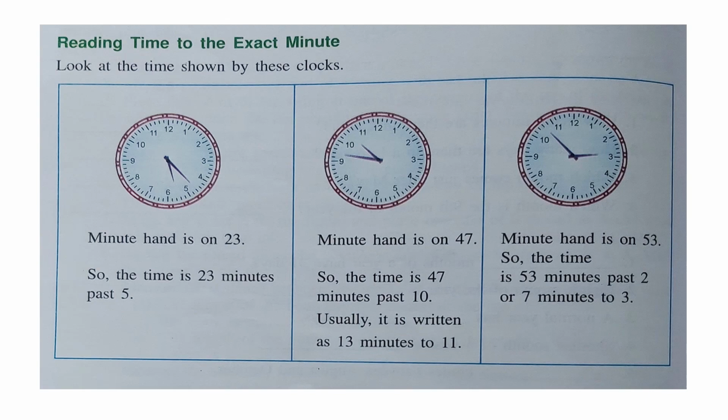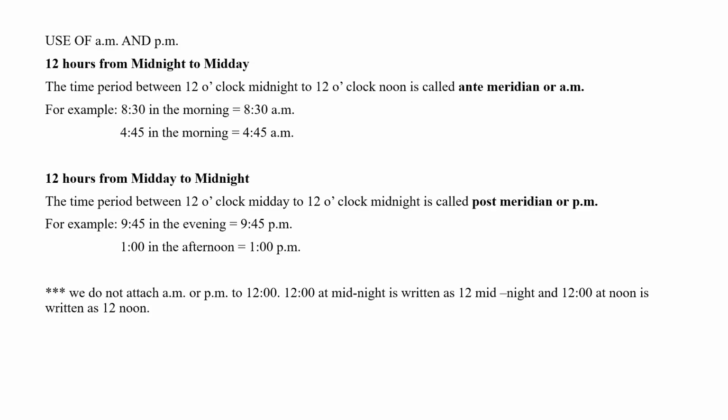Next I will discuss the use of AM and PM. First, 12 hours from midnight to midday. The time period between 12 o'clock midnight and 12 o'clock noon is called the antemeridian, or we usually say AM.